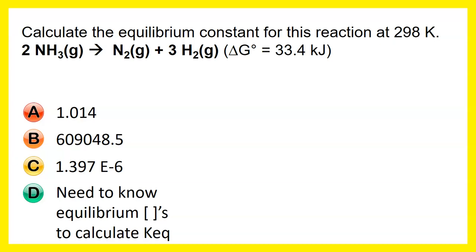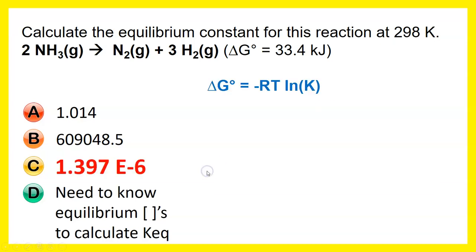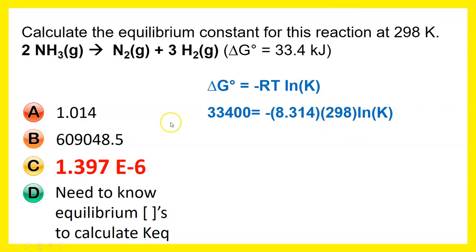Then sometimes people's algebra skills falter. They forget how they're going to solve for something that's inside a natural logarithm. They can plug in all their numbers and then they forget what to do. So what you want to do is simplify this down, divide both sides by all these numbers so that you get just that ln K value.